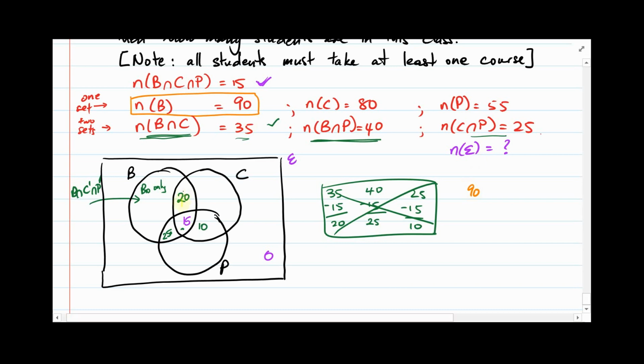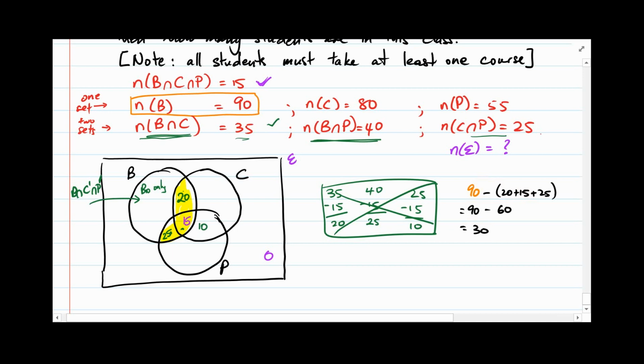I've accounted for these three regions, 15, 20, and 25. So I need to subtract that, minus 20, 15, and 25. And when I do that, I end up with 90 minus 60, which is 30.